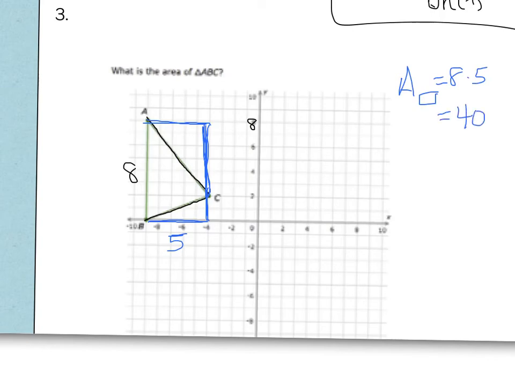Now, we want to figure out how big the triangle here is that I'm shading in, and this triangle here. And if we find those two triangles, we can subtract them from this larger area that we found, and then our remaining area will be that original triangle that we were looking for.